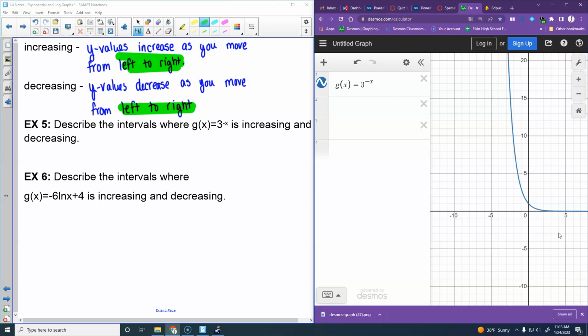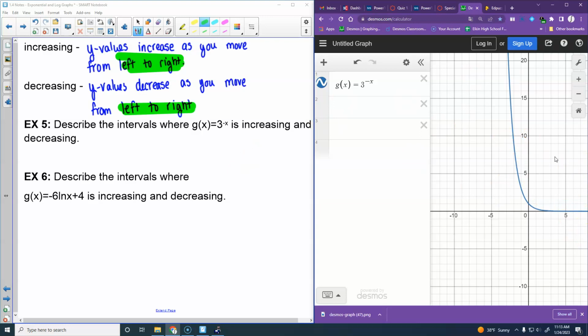And it's always decreasing. It's not going to swing back up later, which is what makes this pretty easy, because these are always going to be increasing or always going to be decreasing.